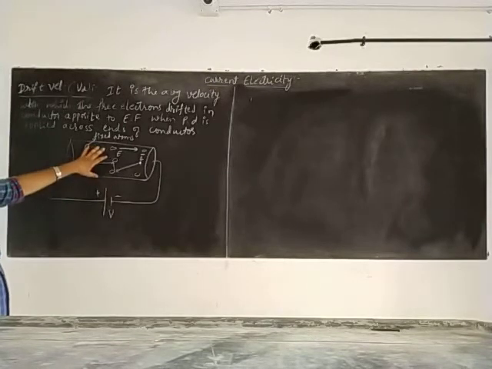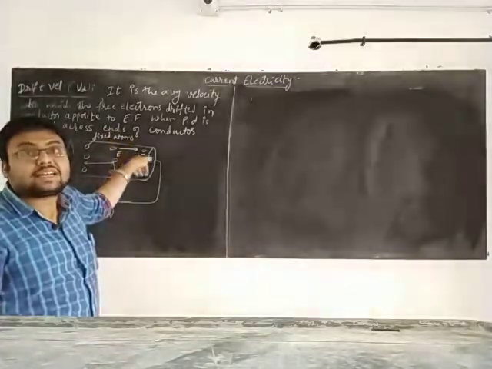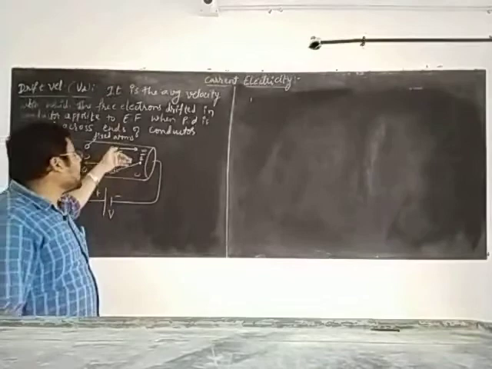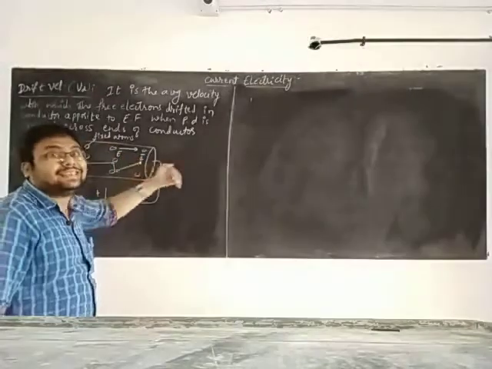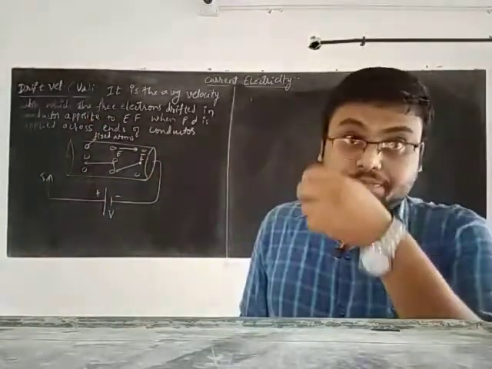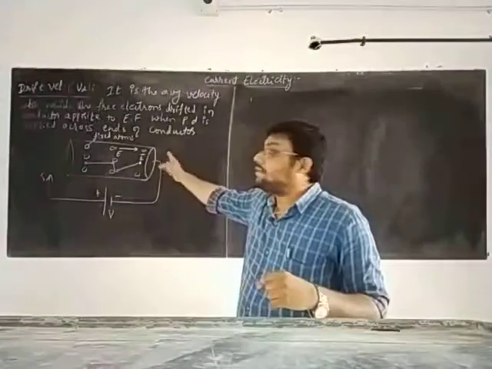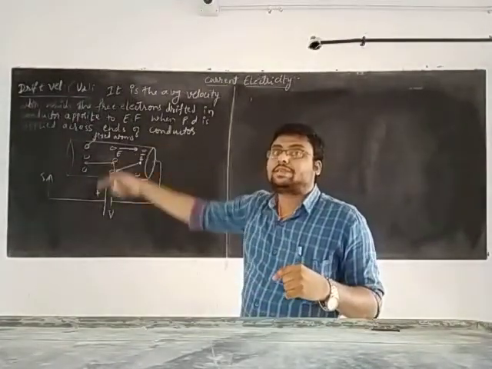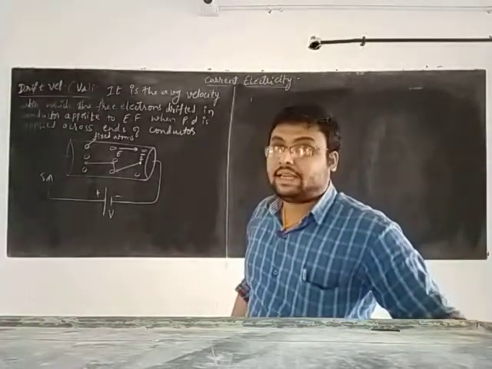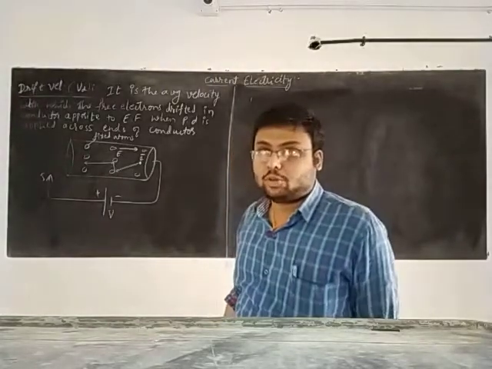So whatever acceleration is produced by the electric field set up inside the conductor, that acceleration will drift the electrons in the opposite direction to the electric field. The average velocity with which the free electron drifts in the opposite direction to the electric field is called drift velocity. I hope it's clear to you.